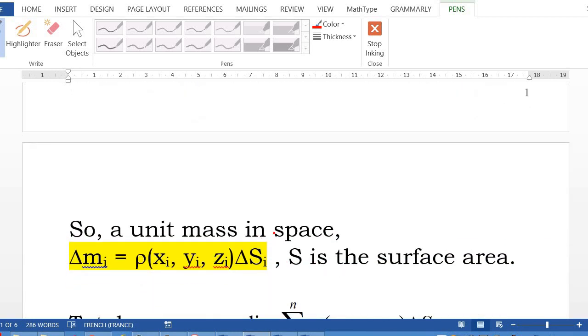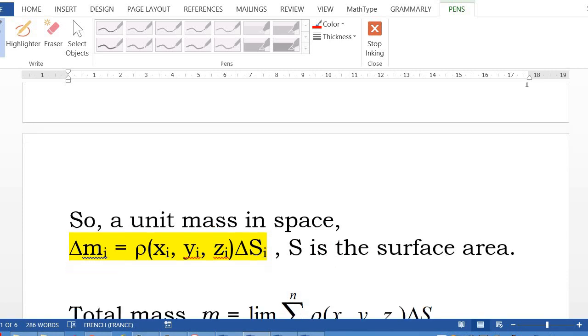So a unit mass in 3D space will be delta m_i equals rho(x_i, y_i, z_i) multiplied by delta S_i, because for a lamina you have the density and area only. Now your lamina is not in 2 dimensions, but in 3 dimensions, which consists of area, but we calculate the area in 3D as a surface area.